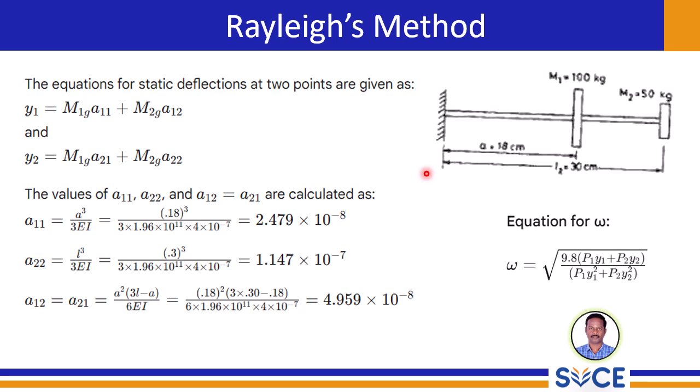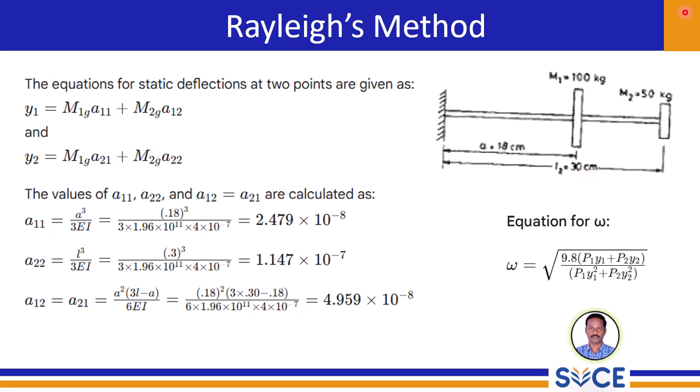Let us see a numerical example applying Rayleigh's method to a shaft carrying two lumped masses. We have a shaft with mass M1 of 100 kg located at a distance of 0.18 meter from one support, and a second mass M2 of 50 kg located at a distance of 0.3 meter down the shaft.